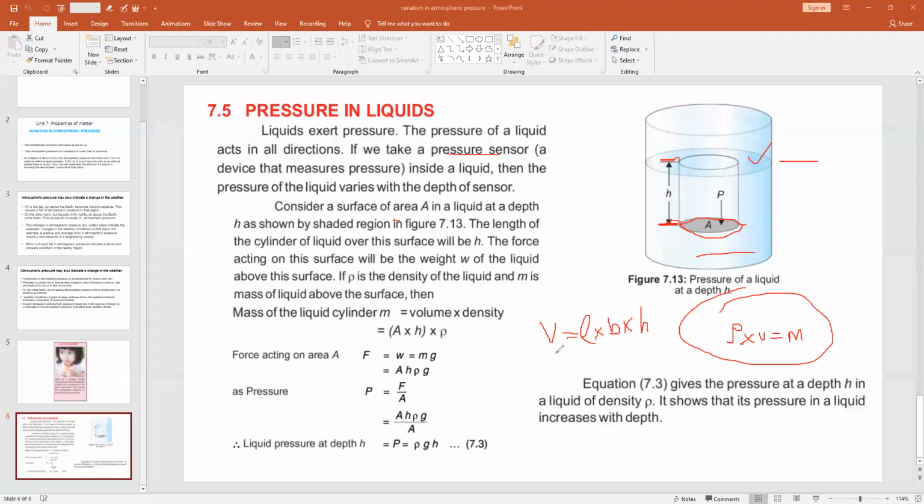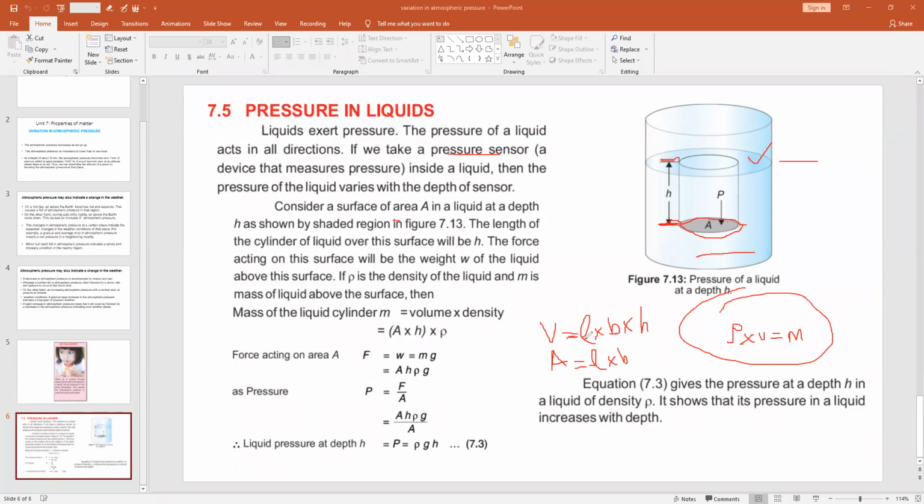And what is the formula for area? The formula for area is length into breadth, right? So in the formula of volume, we can write A instead of length into breadth.